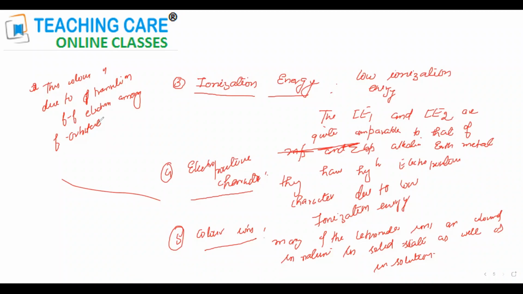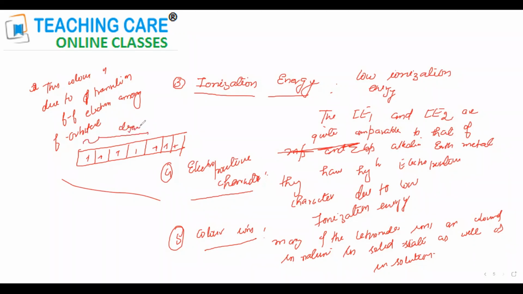So what I have said is why there are colored ions in the lanthanide series, as f-block elements. F-block elements have partially filled electrons, these are f block 1, 2, 3, 4, 5, 6, 7, and generally some orbitals are vacant also. They are degenerate orbitals, meaning they have equal energy.